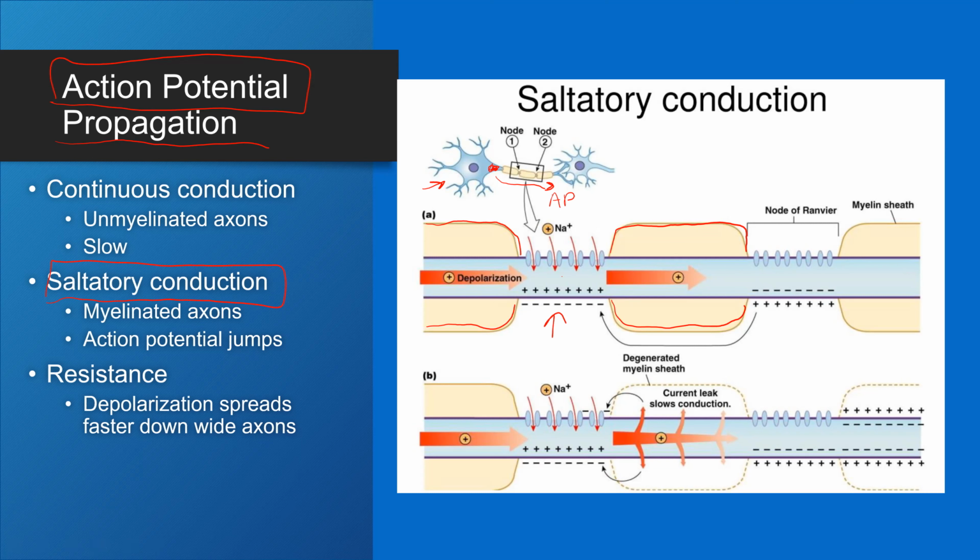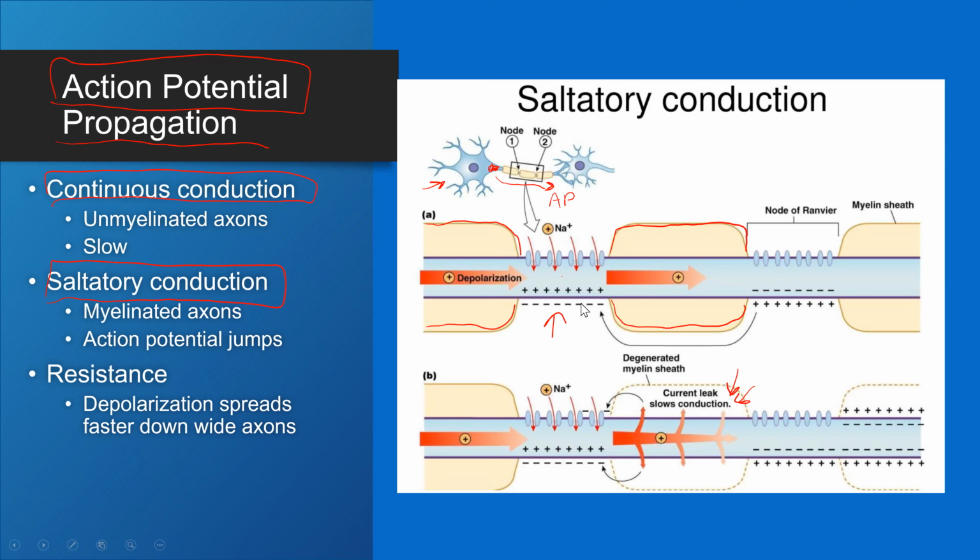If we do not have myelin sheath, and some axons just don't have it, right? Or myelin sheath can be damaged, like in a multiple sclerosis, for example, or in Guillain-Barré syndrome. So we have damage of this myelin sheath, then we have continuous conduction, right? So it's easily found in unmyelinated axons, and it's a slow conduction, right?